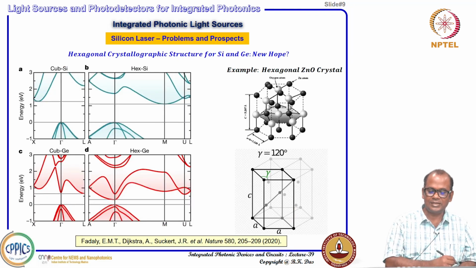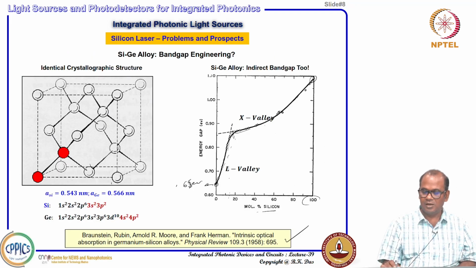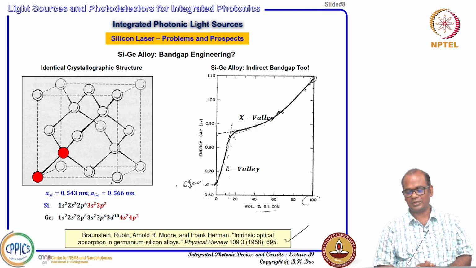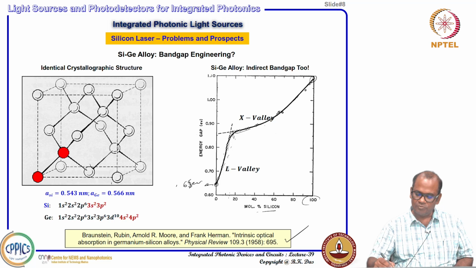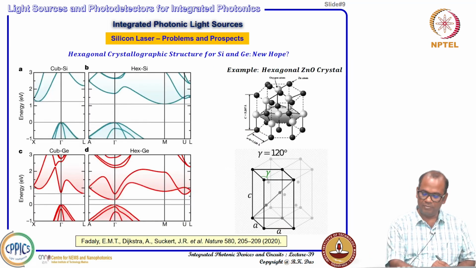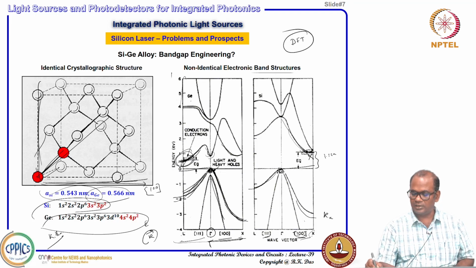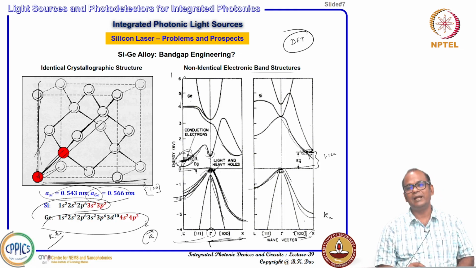Now, what we conclude is that even if you make an alloy, it is not like a compound semiconductor where some fractions give you a direct band gap semiconductor. You indeed see band gap engineering, but the conduction band minimum is moving from the L value to the X value, and the valence band remains identical.